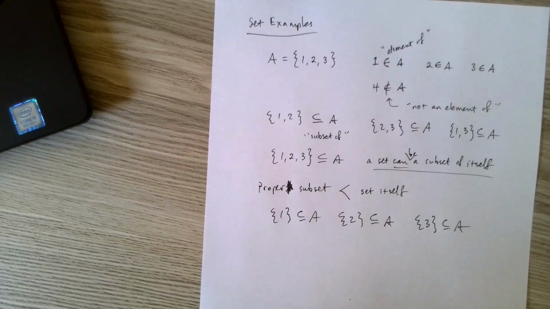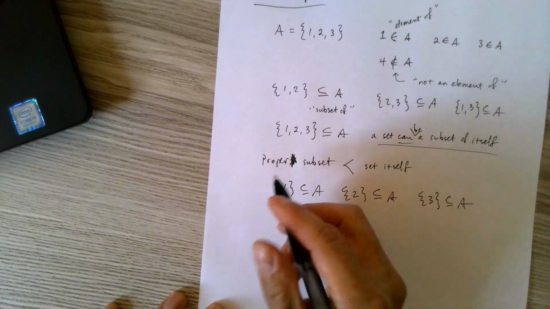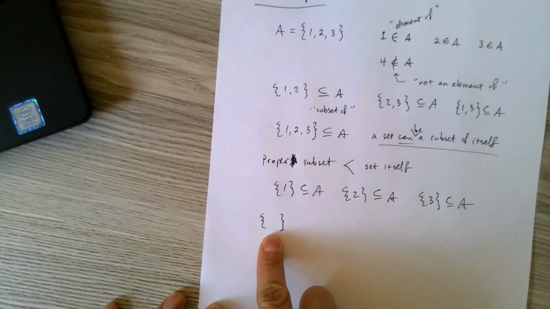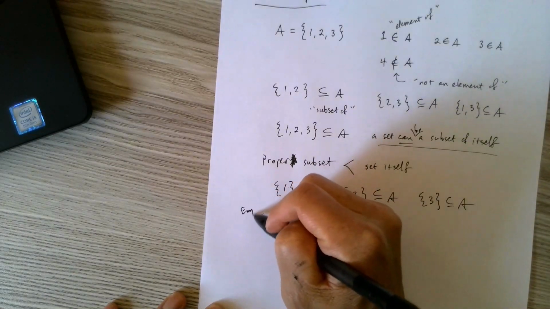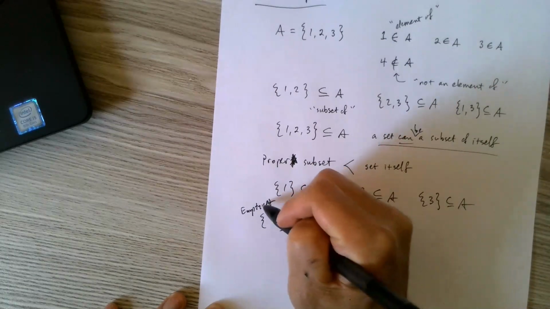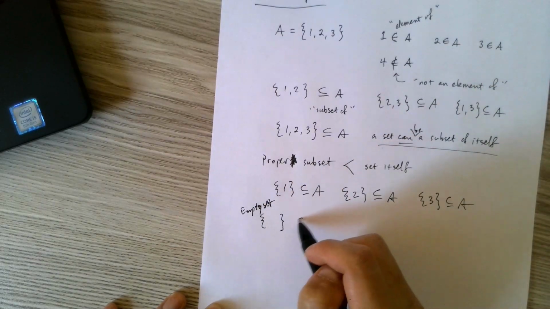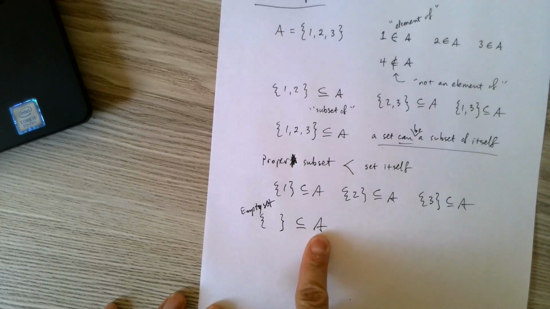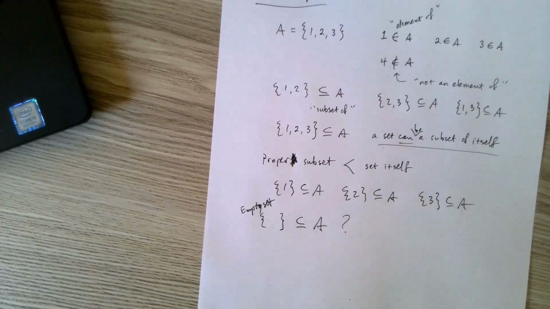And as I said, a set can also be empty, which leads me to this question. This is the empty set. Is the empty set a subset of A? I'll put a question mark here. What do you think? It doesn't have anything in it, so can I say that it's actually a portion of A? The answer is yes.